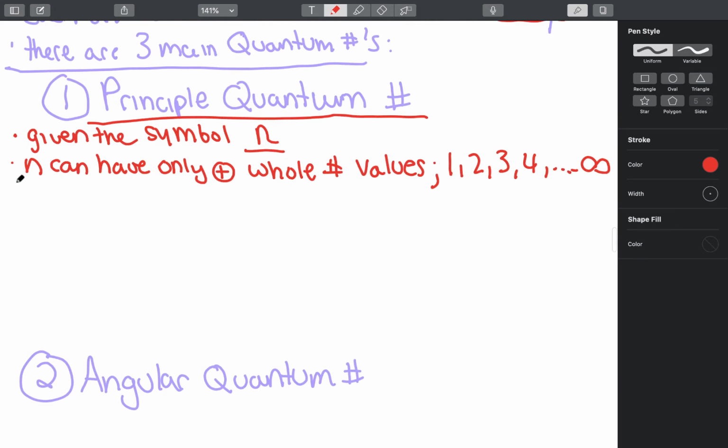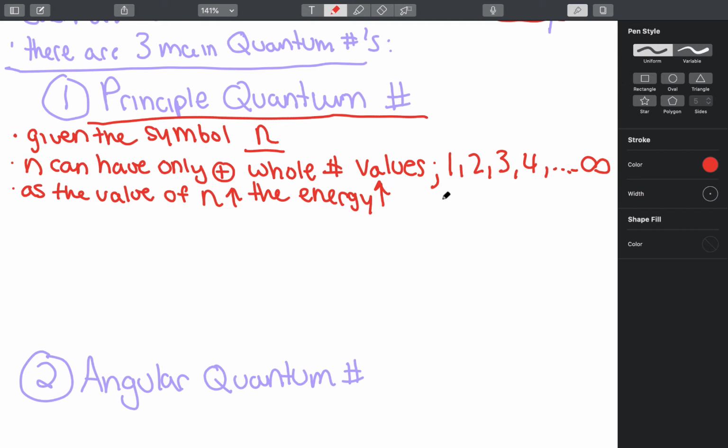And as the value of n increases, the energy increases as well.